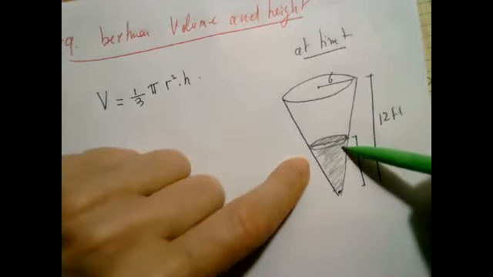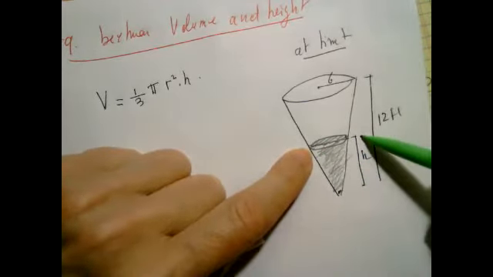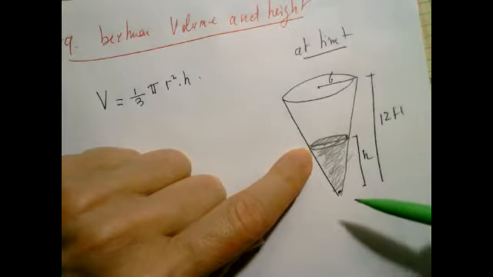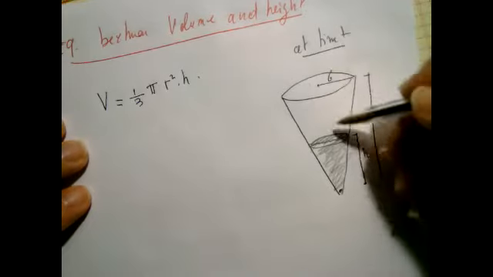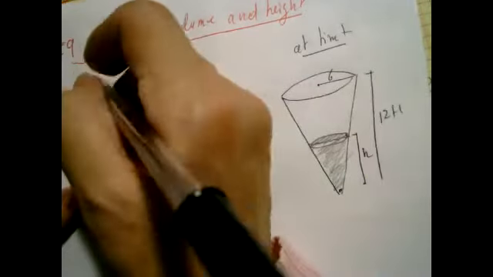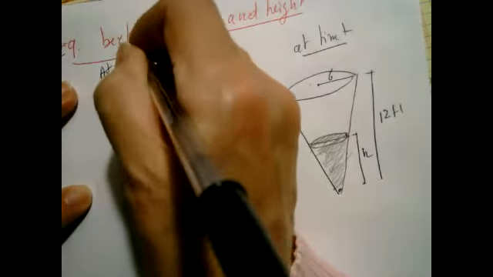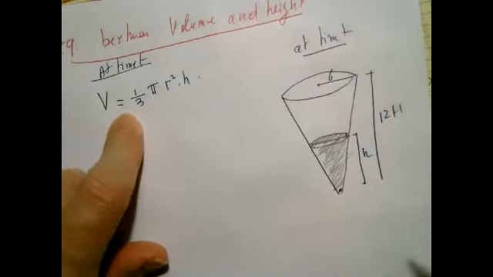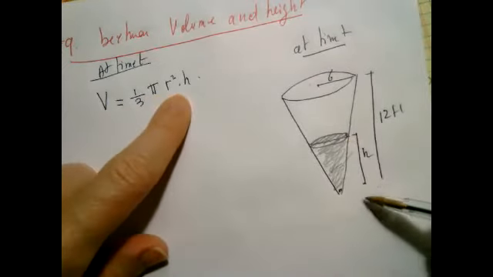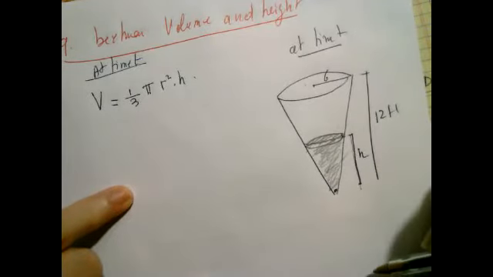What's going to be the volume of the water? At time t, the tank is not full. The volume is 1/3 pi r squared times h. Very good. This is h, no problem.